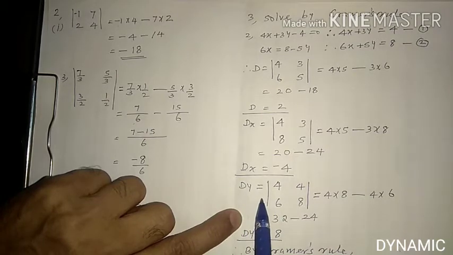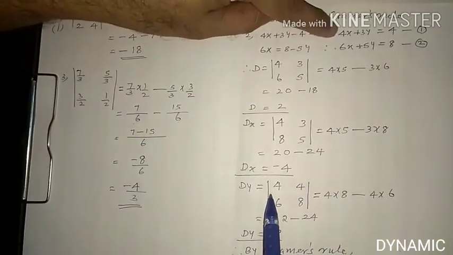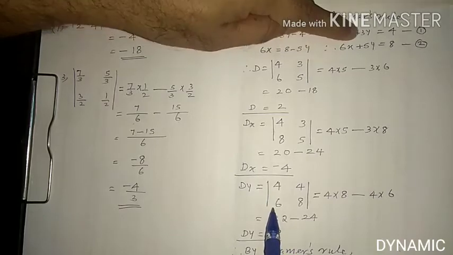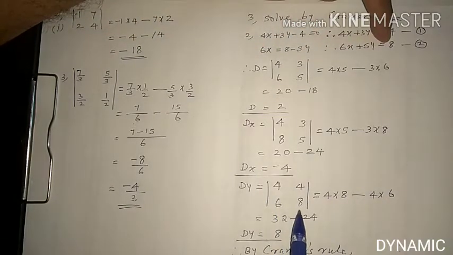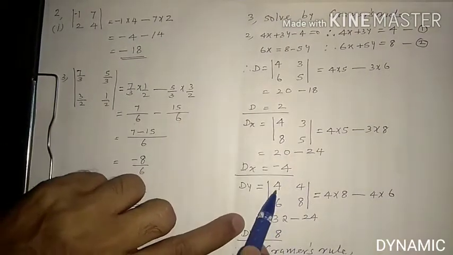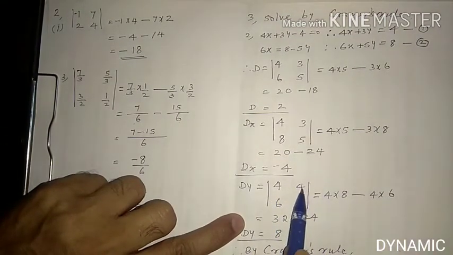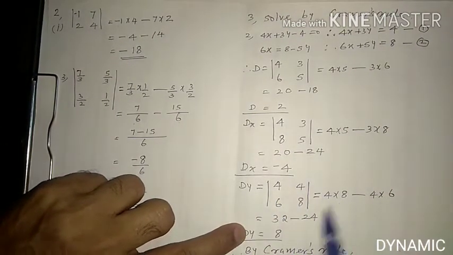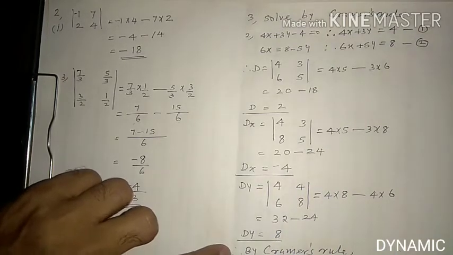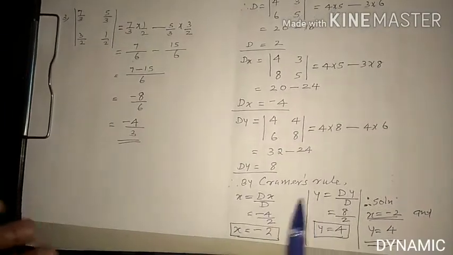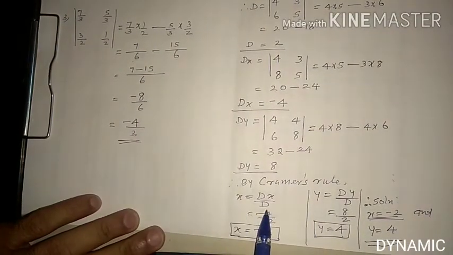Now dy: x coefficients as it is, 4 and 6. In the place of y coefficients, we replace that with 4 and 8. Then 4 8s are 32 minus 4 6s are 24. Difference is 8. Then by Cramer's rule, x is dx by d.